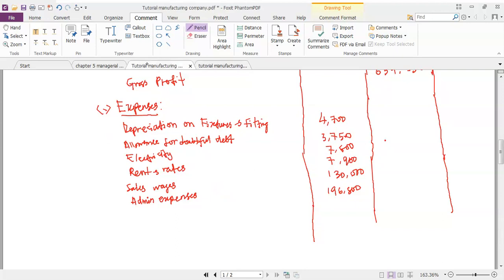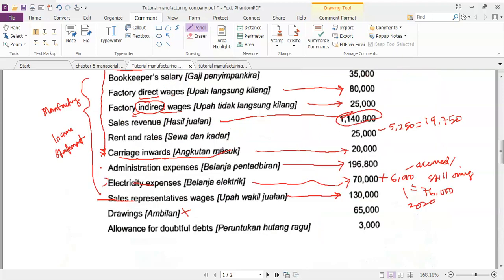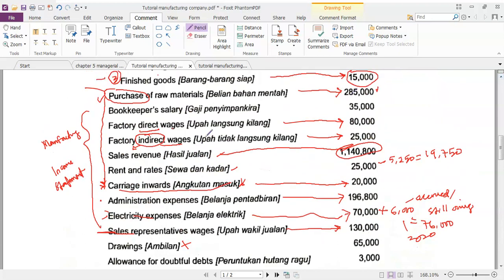Okay, lagi tengok balik pada list of account. Carriage inward kita dah masuk tadi dekat bahagian manufacturing. Rent and rates dah siap. Sales revenue dah. Factory dekat manufacturing. Bookkeeper salary.